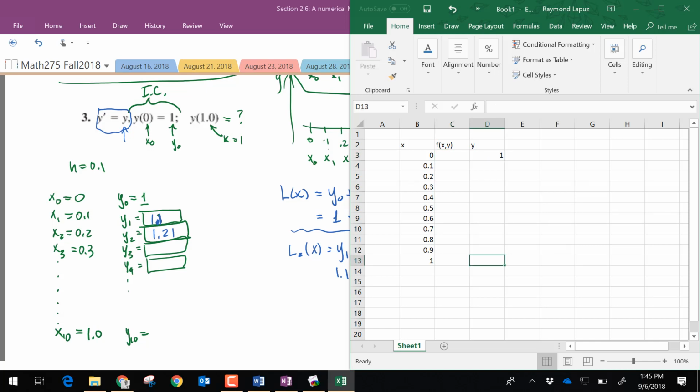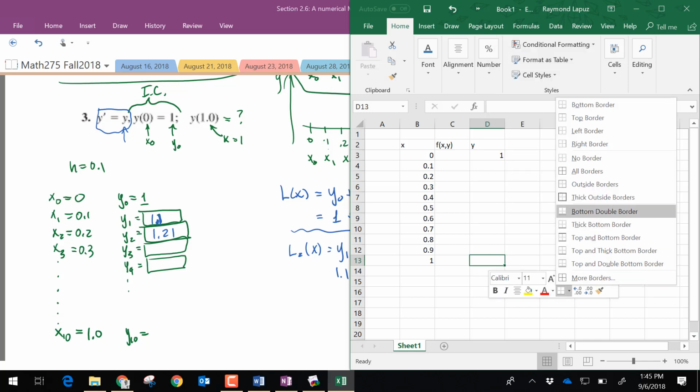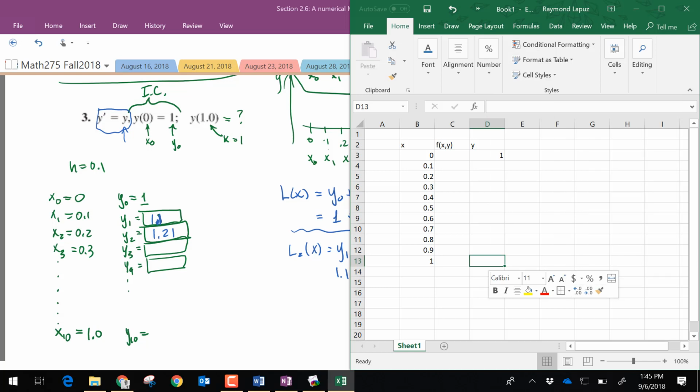So this is the number that I eventually want, right? So I need to figure out what this number is. This number is equal to y, right?